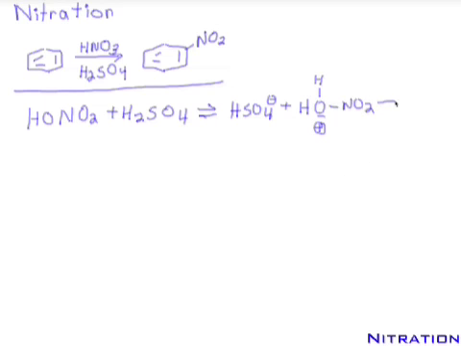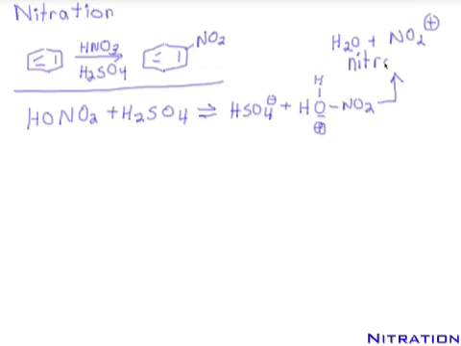Now, if I do this, the H2O is a good leaving group, and I produce the electrophile NO2+. Now, NO2+ is called nitronium ion.